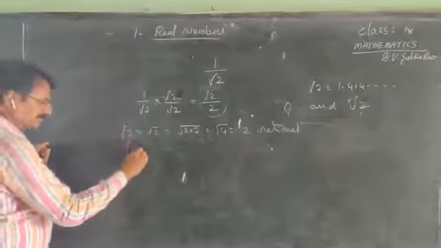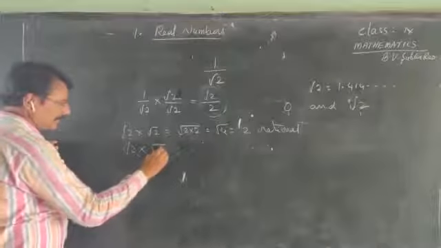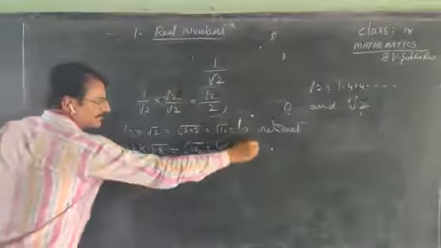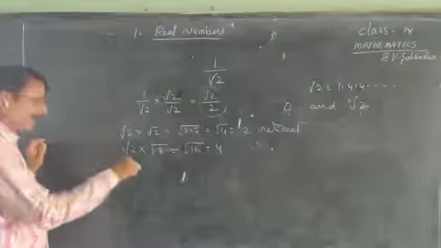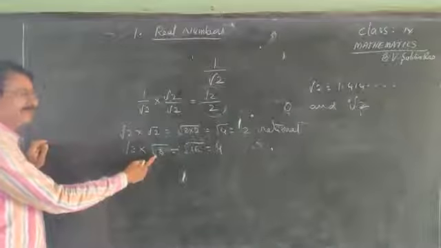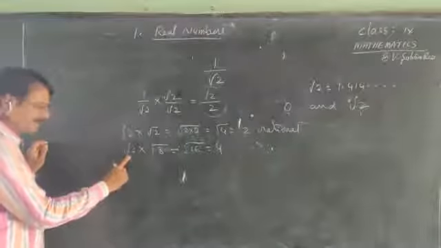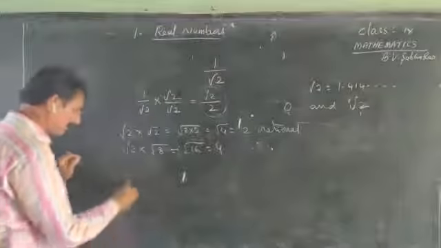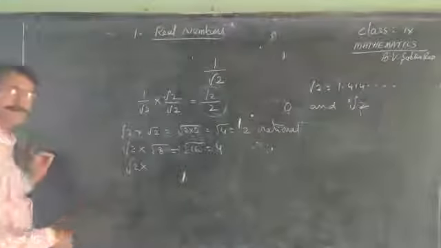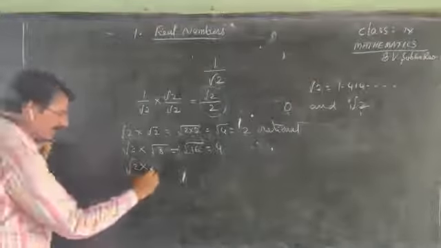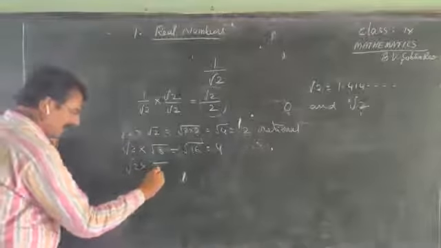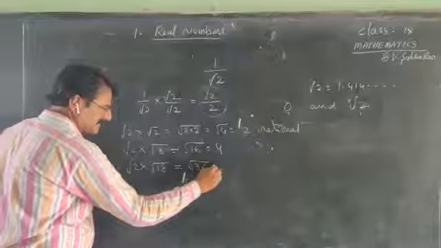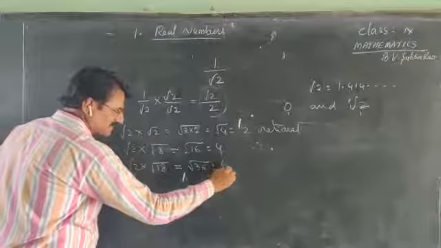You observe this one also. Root 2 into root 8 is root 16, equal to 4, a rational number. Now, root 8 is also a rationalizing factor of root 2, because the product of these two equals a rational number. Now, root 2 into, what is the next one? Root 18, root 36 equal to 6.